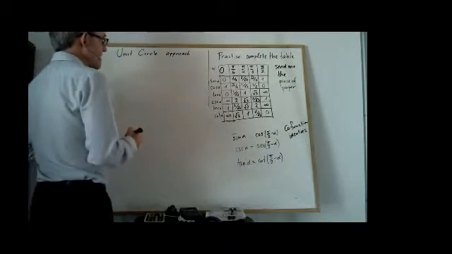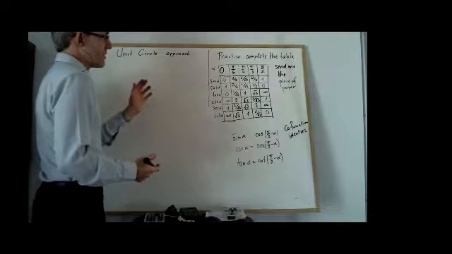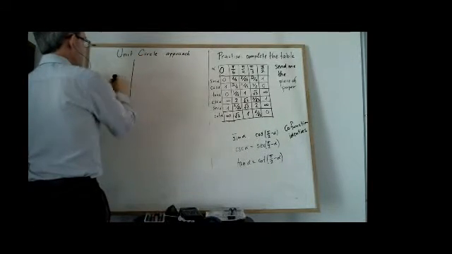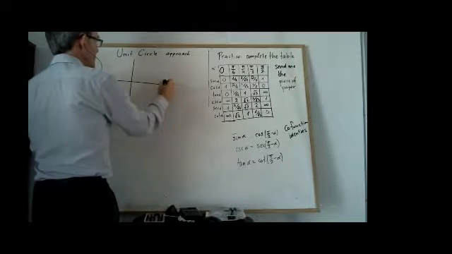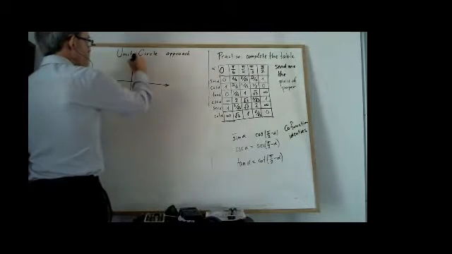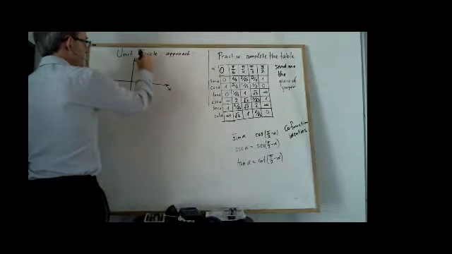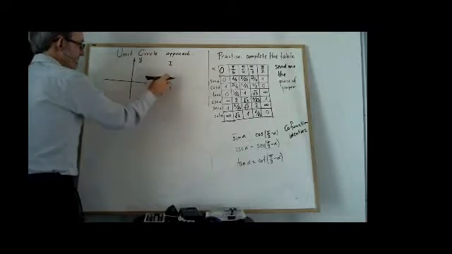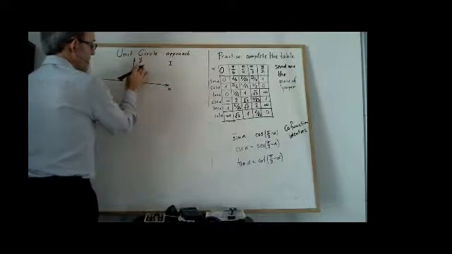Okay, so the unit circle approach allows you to extend this to all the 4 quadrants. Here are our 4 quadrants. Here's the x-axis, here's the y-axis. Remember how quadrant 1 is where all the values of x and y are positive.